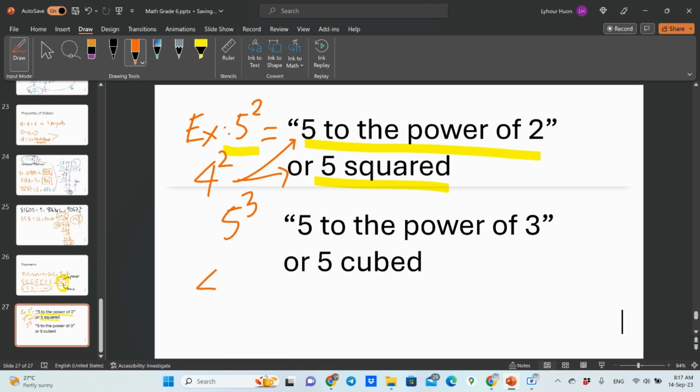Similarly, if you have 4 and subscript 3, we can call it 4 to the power of 3 or 4 cubed, because the power is 3. Now, another one is 5 to the power of 4.